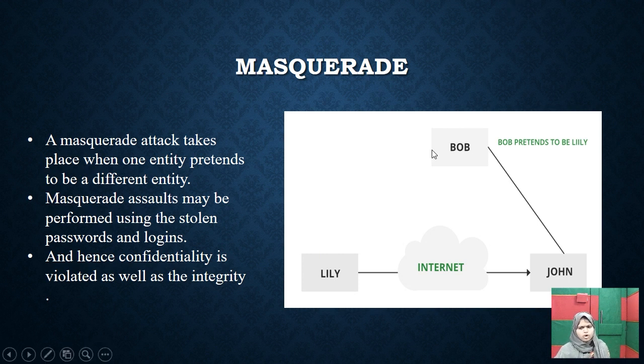In some way, Bob has stolen Lily's ID and password, so that was not kept confidential, and now Bob is sending messages to John which Lily has not sent. That means Bob is sending different messages which are not from Lily, so the integrity of the information is violated. So this is your masquerade attack.